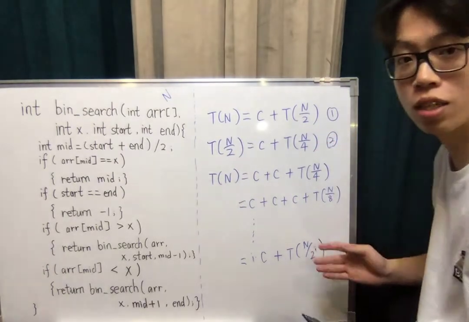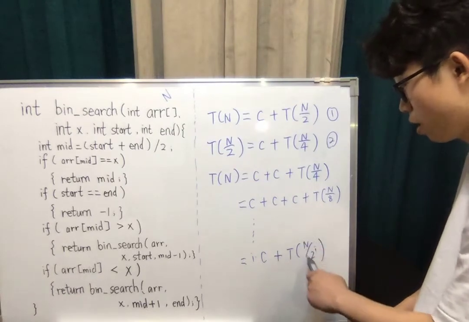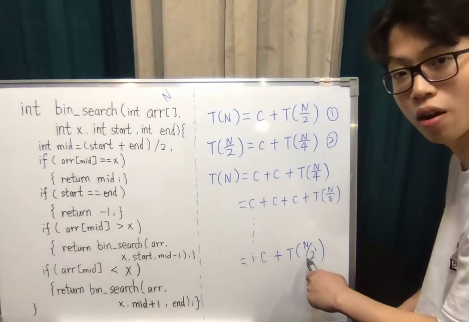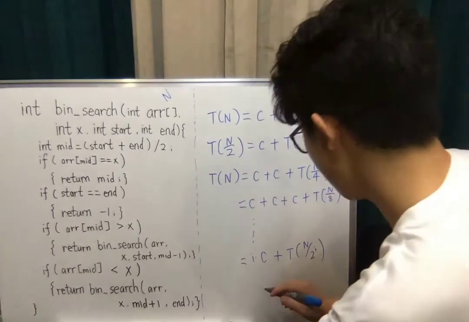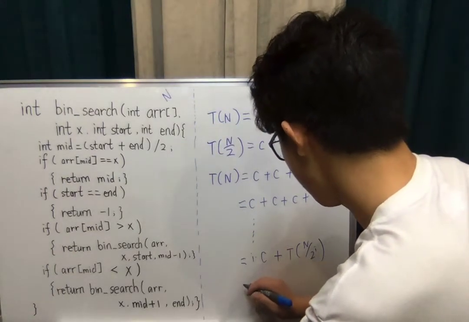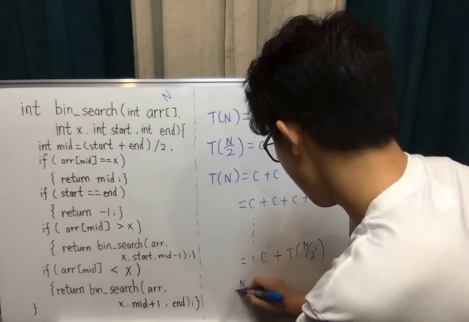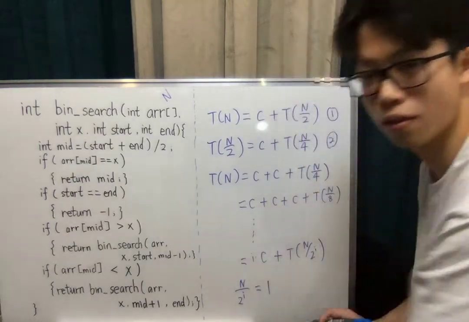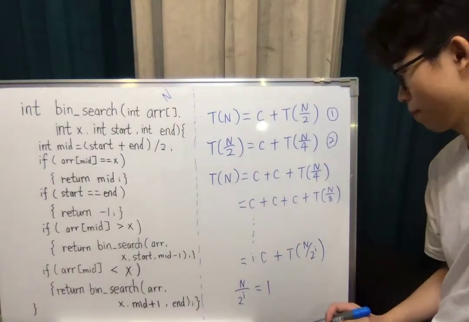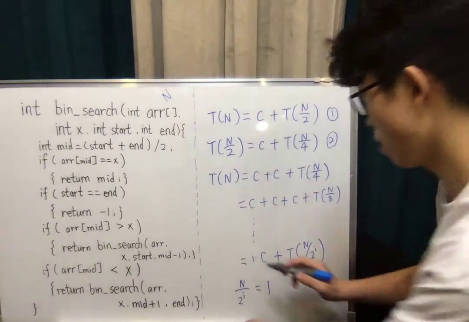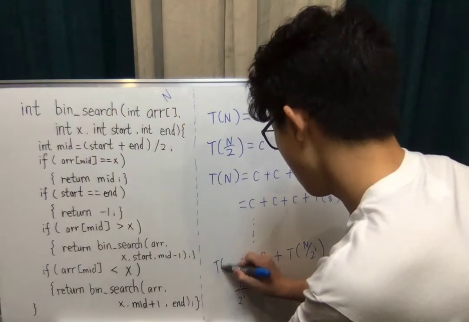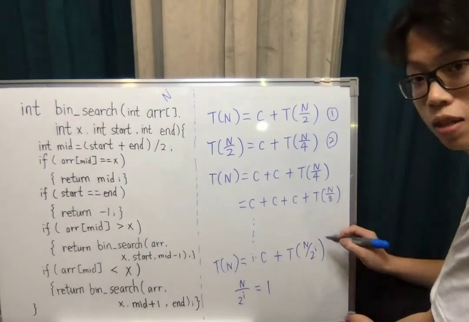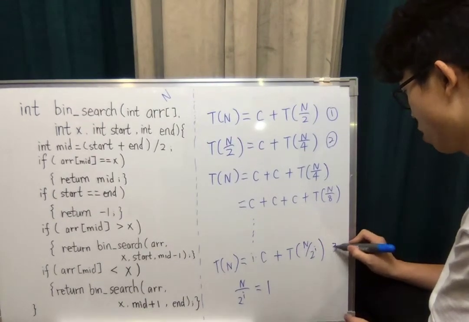Then at some point, the items of the array will diminish to 1, right? Which means n over 2 to the i will become 1. Here T(n) is, let's call this formula 3.